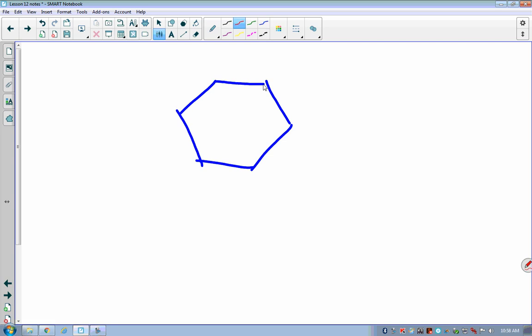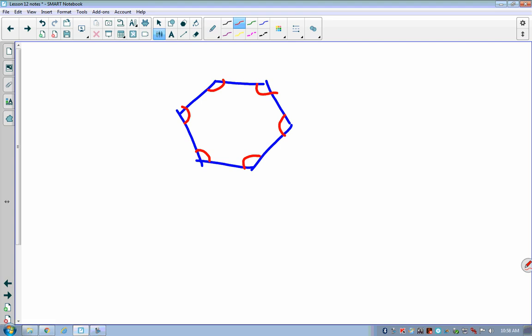If I want to find the interior angle measures of a hexagon, that means we're trying to add up this angle plus this angle plus this angle plus this angle plus this angle plus that angle. That's what we're trying to do, and we want to know what the sum of those interior angles is.